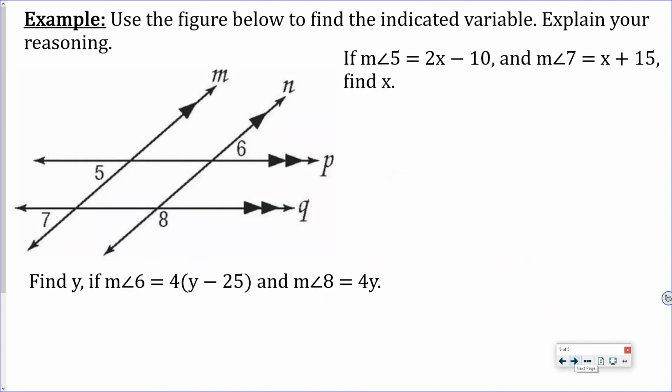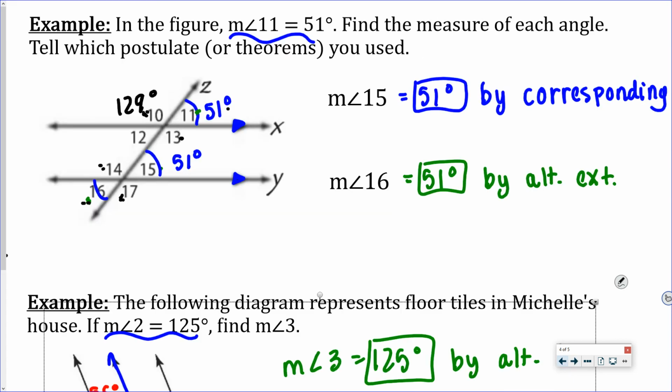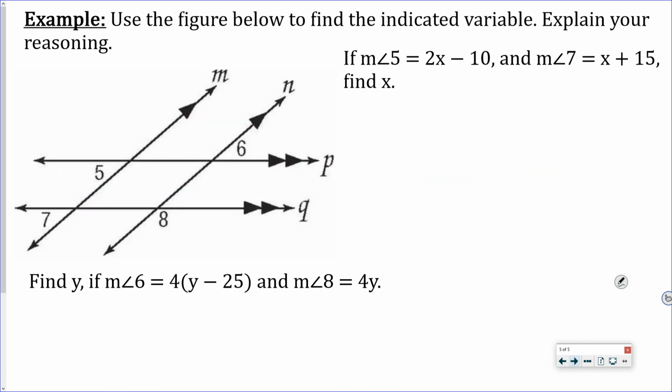Okay, let's do at least number 1 here, finding x with algebra. And maybe we'll save this one as a warm-up. The last one here. Use the figure below to find the indicated variable. Explain your reasoning. Okay, we've got lots of parallel lines here. M's parallel to N. P's parallel to Q. They said the measure of angle 5 is 2 times x minus 10. Measure of angle 7 is x plus 15.